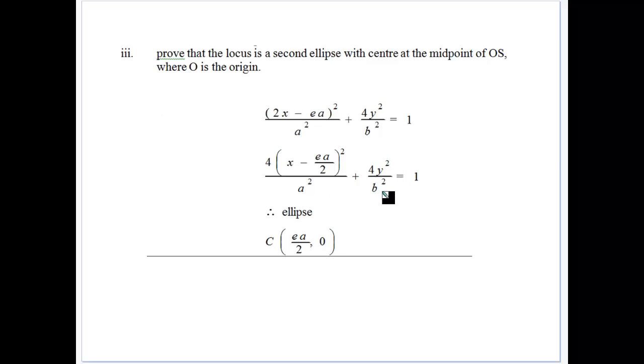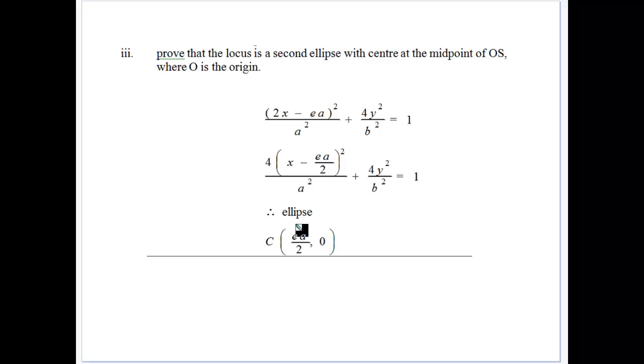Now technically that 4 could go on the bottom and we get a number there. It's just because that's all a number, and we're in that form where we've got (x minus h) all squared on a number squared plus (y minus k) all squared on a number squared equal to 1. So that's the general form of an ellipse, which we don't really have to worry too much about, but in this problem we do. That's where it comes out.